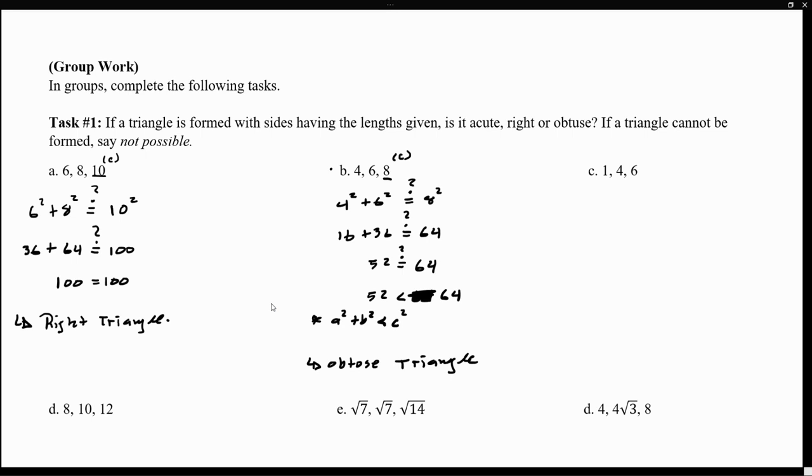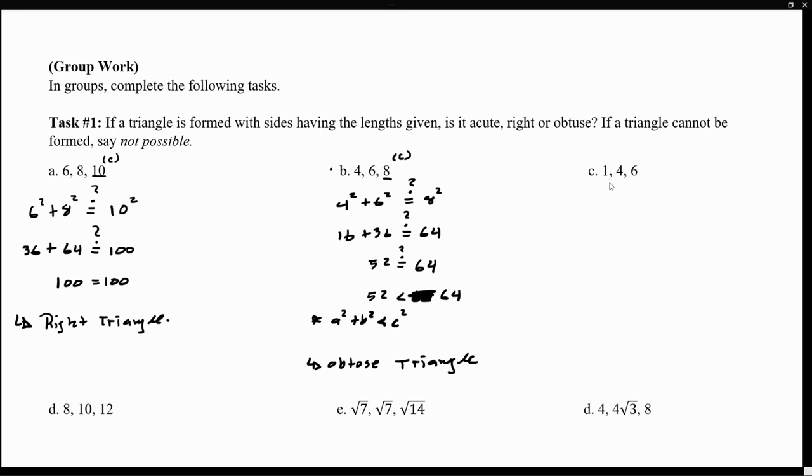So notice how we're using the Pythagorean theorem. Now, real quick on example C, let's see what kind of triangle we have. But before you check what kind of triangle you have, you must check, do you have a triangle? Well, let's add two sides.